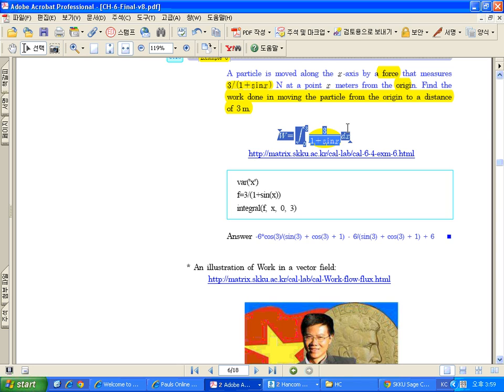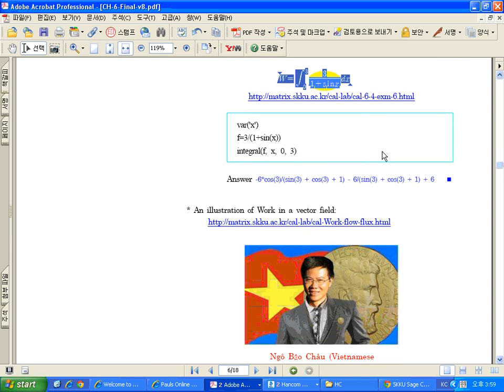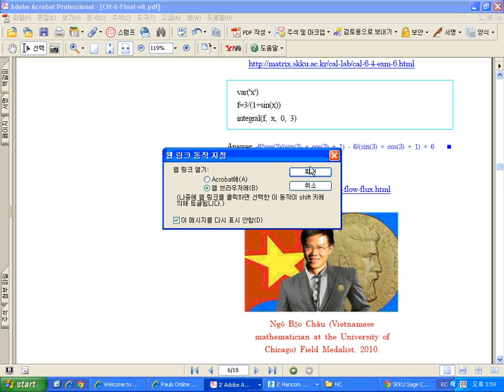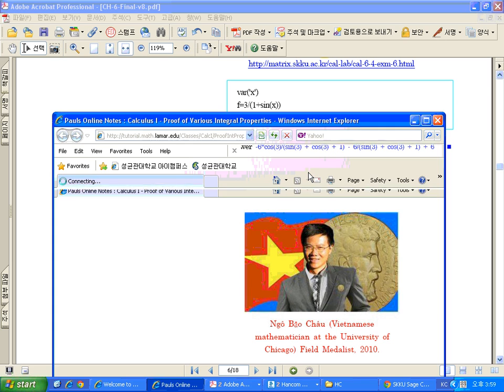So in order to set up this formula, you should understand the given situation to set up a mathematical computation. Okay.